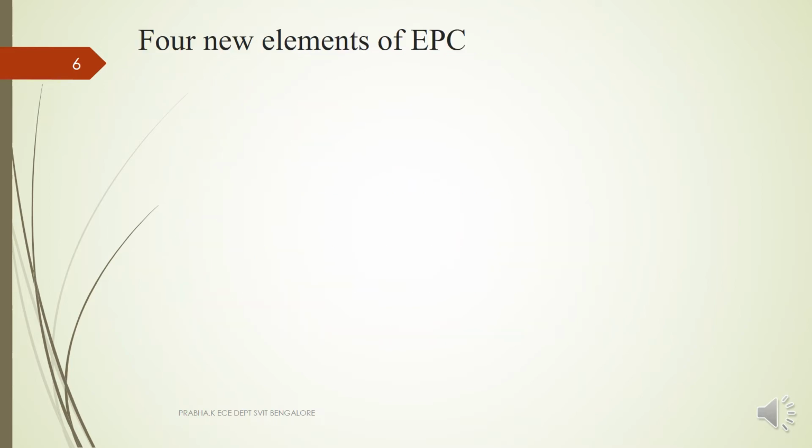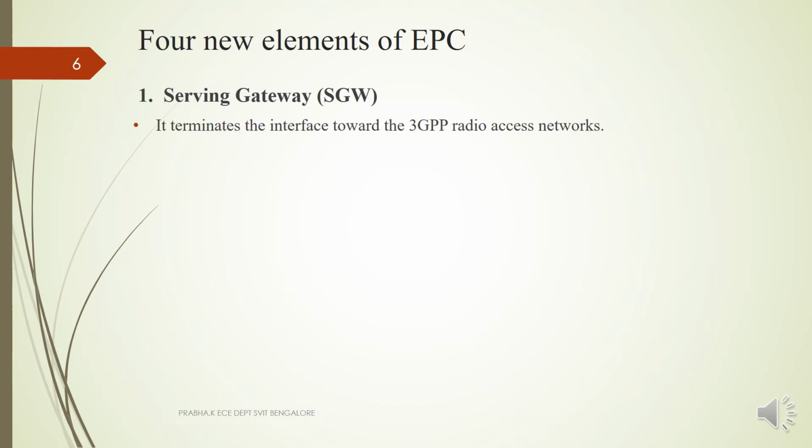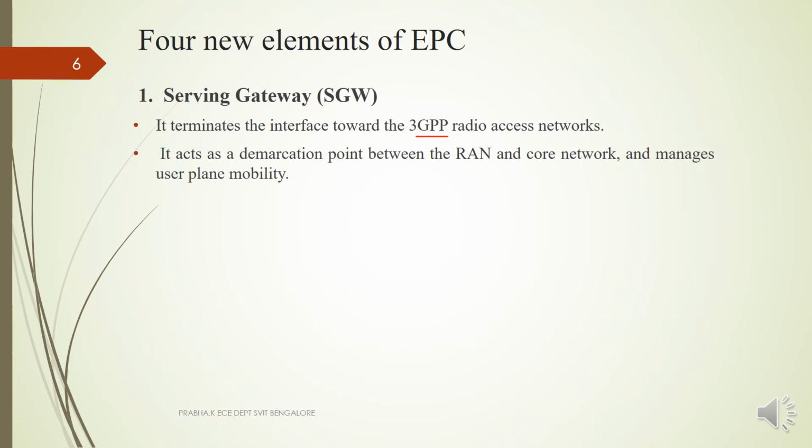The main four elements of evolved packet core are, first, the serving gateway. This gateway terminates the interface towards the 3GPP radio access network. It acts as a demarcation point between the radio access network and core network, and it manages user plane mobility operations.